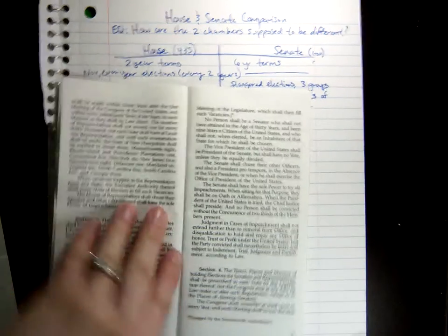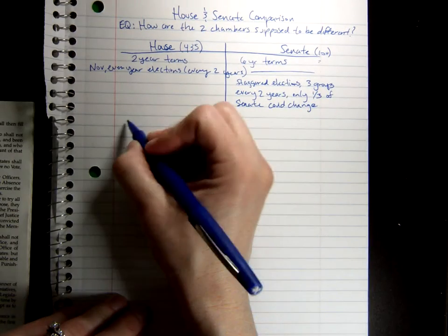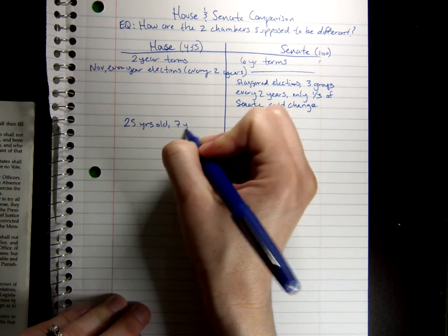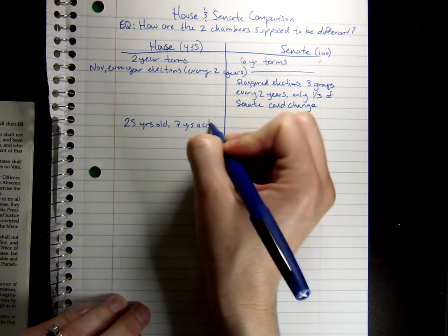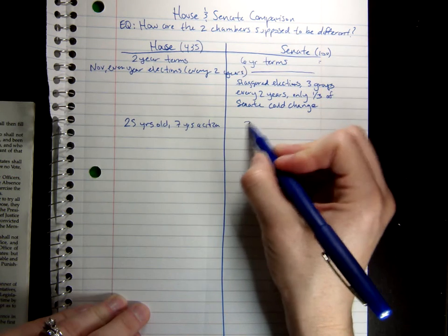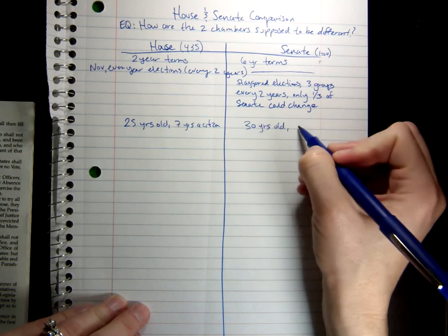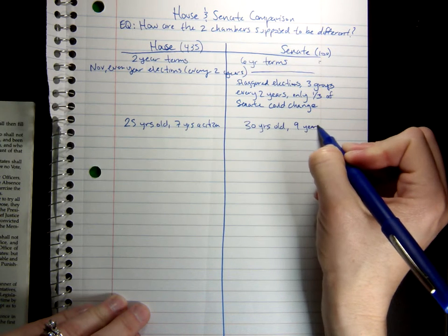Pause that there. And our qualifications to be a representative: you have to be 25 years old, 7 years a citizen, and you have to be 30 years old to be a senator, 9 years a citizen.